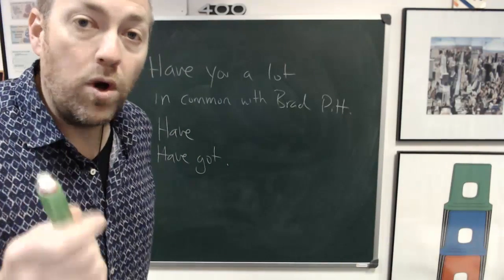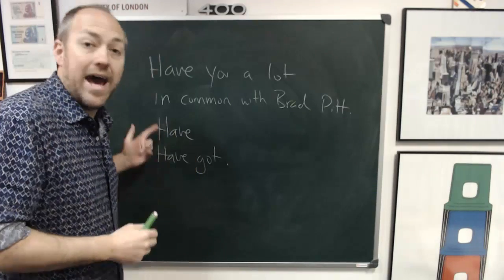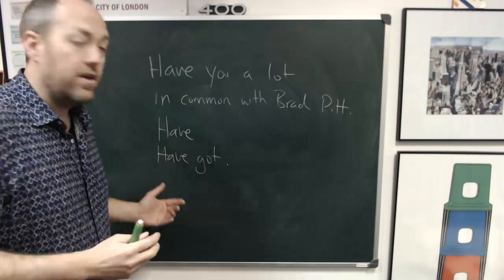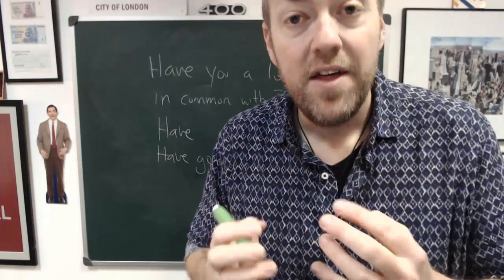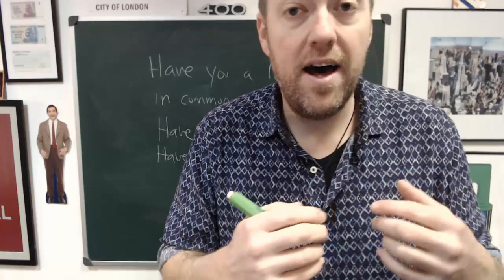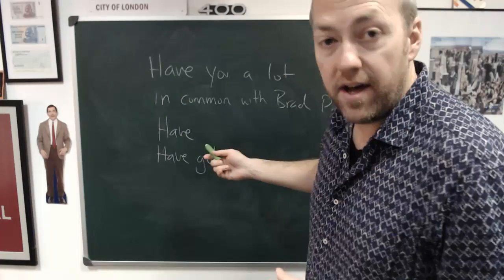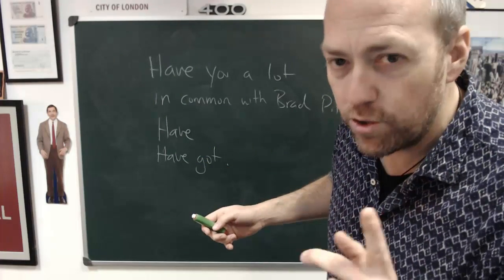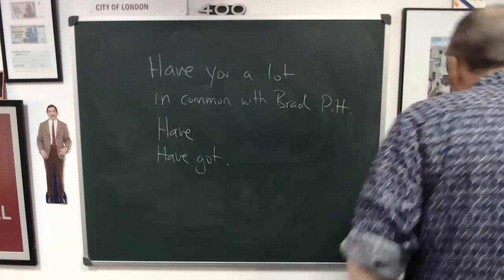And what is the difference between have and have got? Well, the difference is the conjugation. The conjugations of have and have got are totally different. Okay? So let me show you the example of the difference.